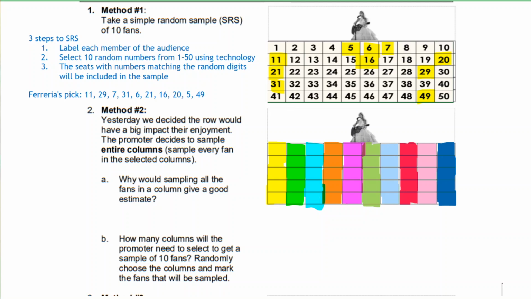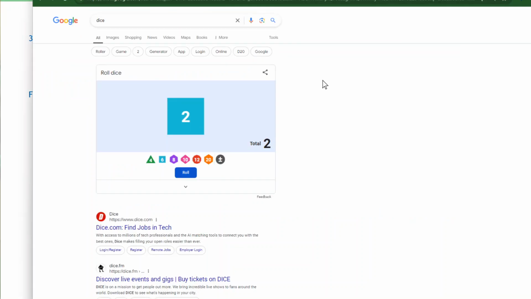So we're going to label all of these clusters from 1 to 10. And then we just need to use our random number generator, or maybe we could even use dice to get a number between 1 and 10. It doesn't really matter which random device you use, as long as you use a random device. So here we are with Google, and I'm going to just choose a 10-sided die.